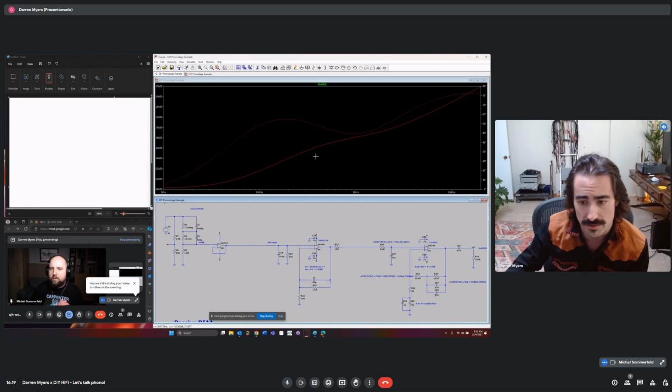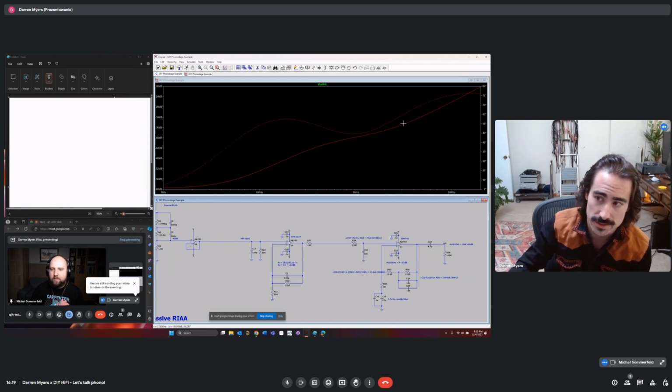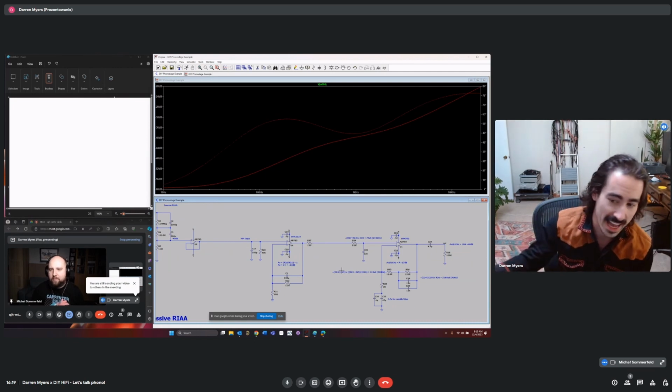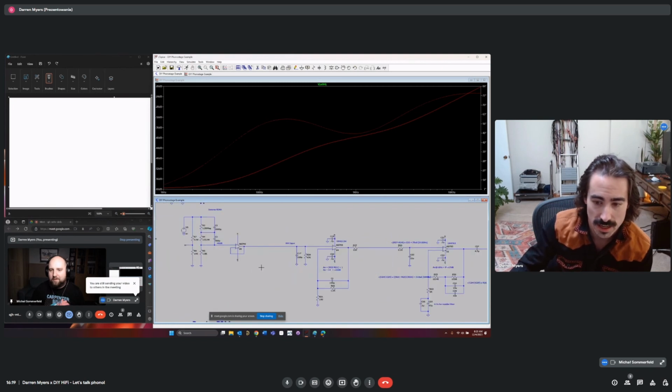This way we can then apply the correction to this and have the flat signal. It's just the inverse transfer function applied, and then you're back where you were, which is hopefully a flat frequency response if the phono stage is designed correctly.